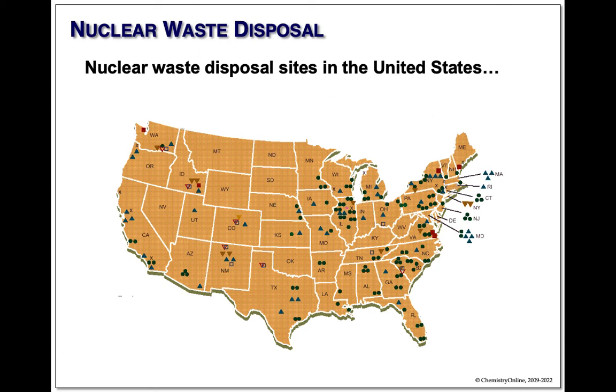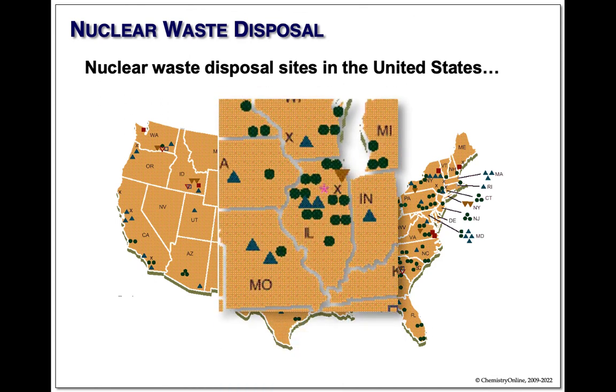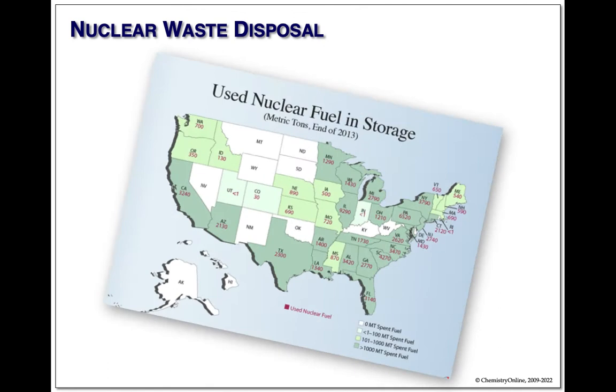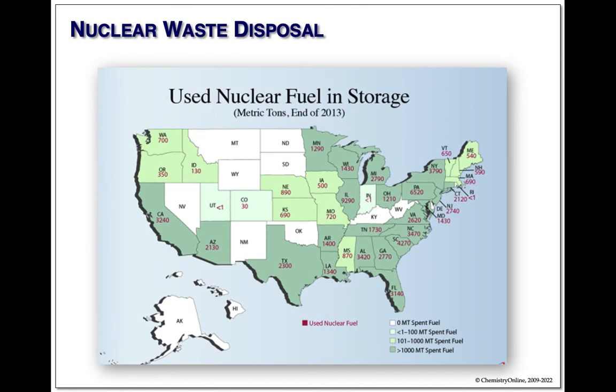This is a map of all of the nuclear waste sites in the country. That's Illinois. Yeah, we got a bunch, don't we? Not just Morris, we got a bunch. This represents metric tons back in 2013.